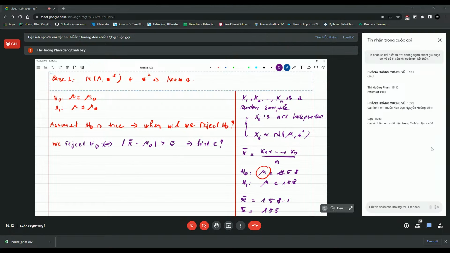Here we will find the constant based on the fact that the probability of rejecting H0 equals the probability of the absolute value of H bar minus mu 0 greater than the constant, which equals alpha. The probability of rejecting H0 must exactly equal alpha.